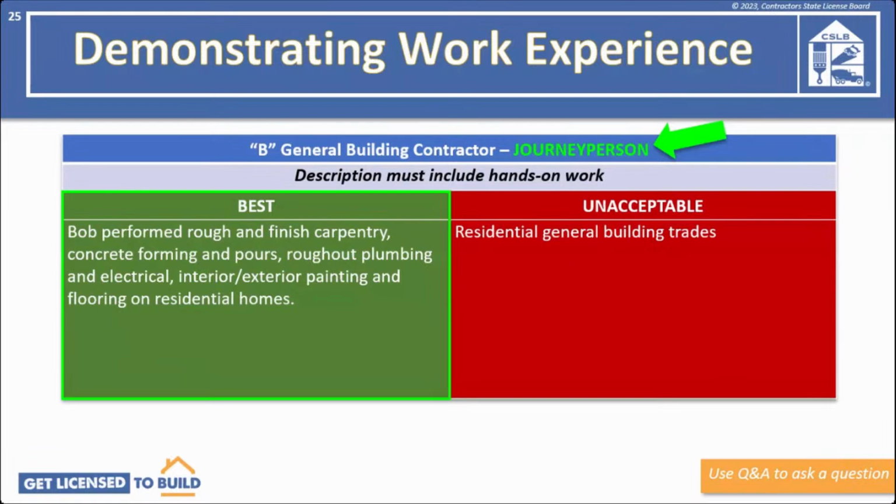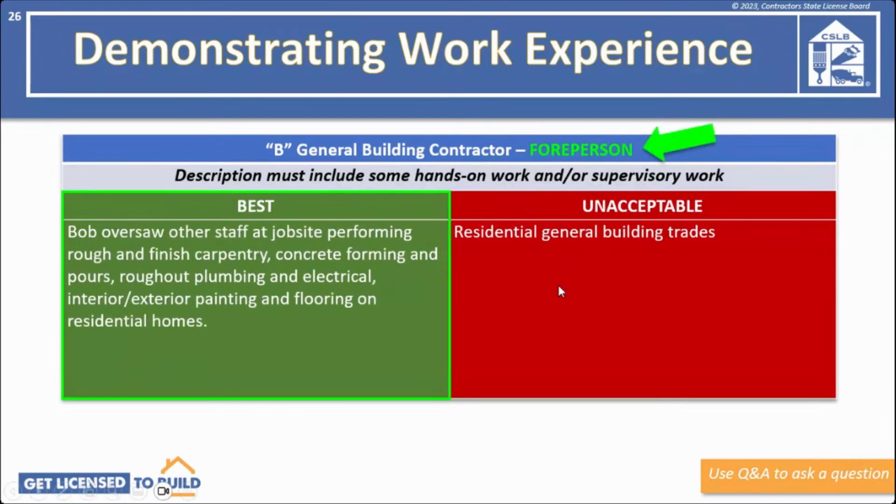Here's an example of the best type of description. Bob oversaw other staff at job sites performing rough and finish carpentry, concrete forming and pours, rough out plumbing and electrical, interior, exterior painting, and flooring on residential homes. Again, an unacceptable description would be something generic like residential general building trades.